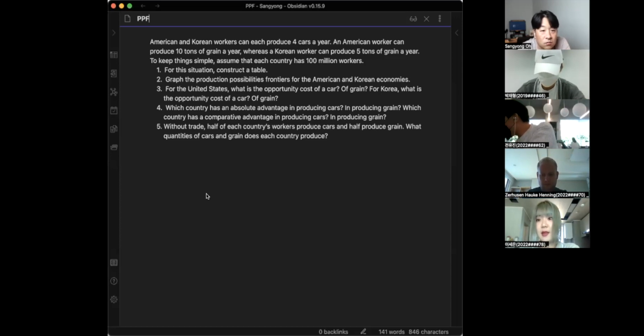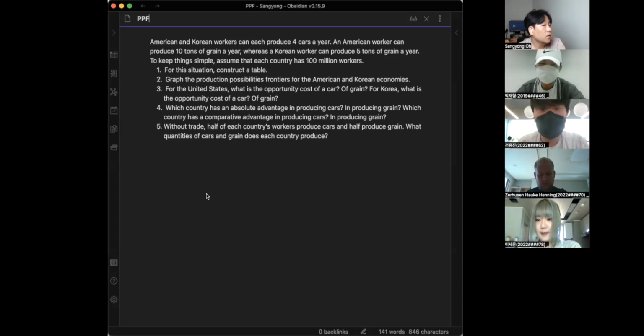If you pick one good instead of the other, the mathematical slope is a little different, but you may take the slope as the opportunity cost. I think you have a pretty good understanding of this part. So let me erase these questions for a while and I'll show you.